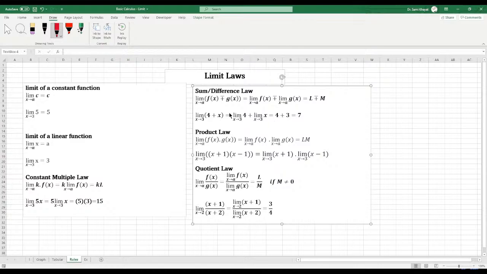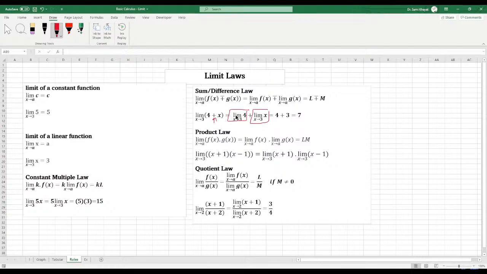Now let's take this example. The limit of x approaching 3 of this function, which is 4 plus x. Now I can chop it into these parts. The first one will be the limit of x approaching 3 of 4, plus, because this one is plus here, the limit of x approaching 3 of x.